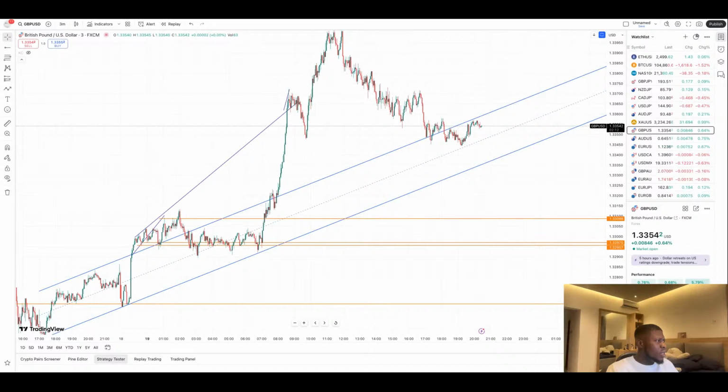Forex, GBPUSD. I'm trying to see if I could compare these two prices, the way it formed at this place.